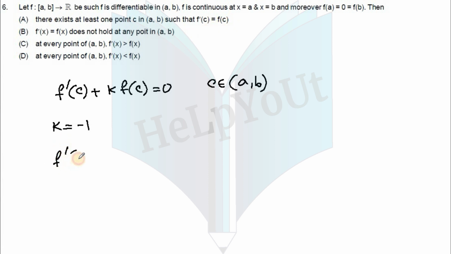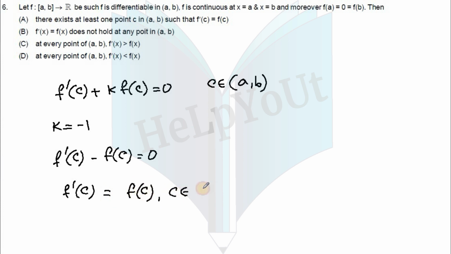So we get f dash c minus f c equals 0, or f dash c equals f c for some c belongs to interval a to b. So this is option A. For at least 1 point c we got this condition.